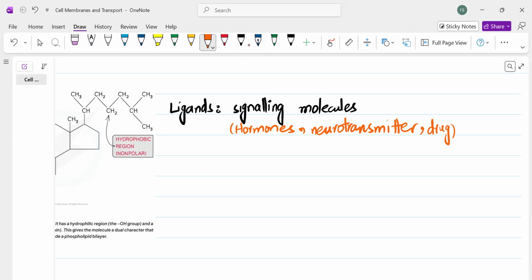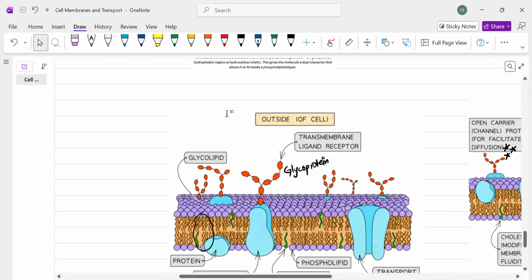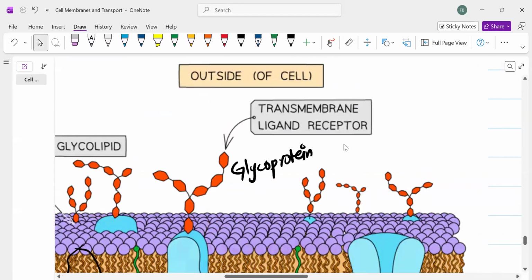Ligands are signaling molecules, and they will bind to their specific receptor. It is not the case that they can bind to anything. They will bind to the receptor protein on the cell membrane. That is why it is written over here. In this diagram they have mentioned the transmembrane ligand receptor.